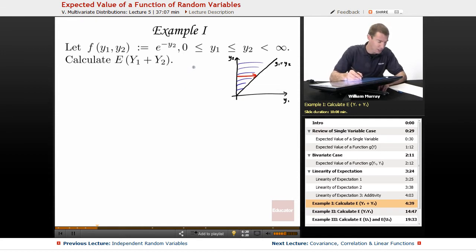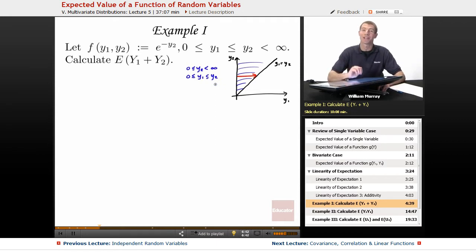So if I list y2 first, my y2 will go from 0 to infinity, and my y1 goes from y1 equals 0, that's the vertical axis, up to that diagonal line. So that's the line y1 is equal to y2. So that's a good way to describe the region.